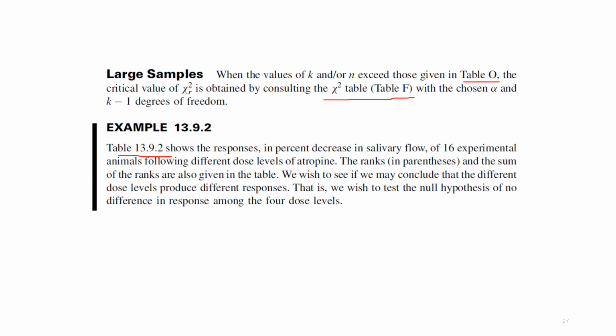The ranks in parentheses and the sum of ranks are also given in the table. We wish to see if we may conclude that the different dose levels produce different responses, that is, we wish to test the null hypothesis of no difference in response among those levels.